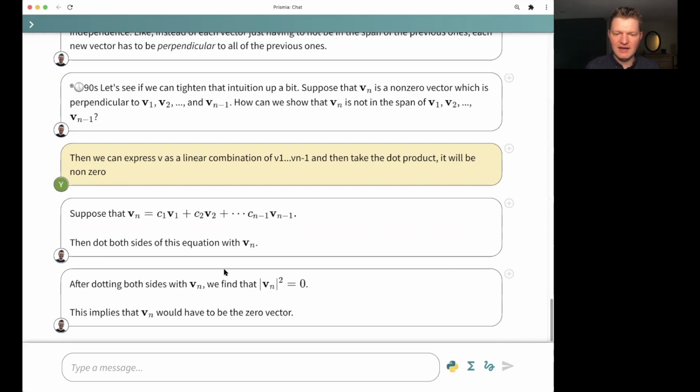We find that on the left-hand side, we have Vn dotted with itself, which we said was the squared norm of Vn. And on the right-hand side, we can go ahead and distribute the dot product, and we're going to have Vn dotting with all these other Vs. And as we assumed up here, Vn is perpendicular to all of them. So all of these dot products are going to give 0.